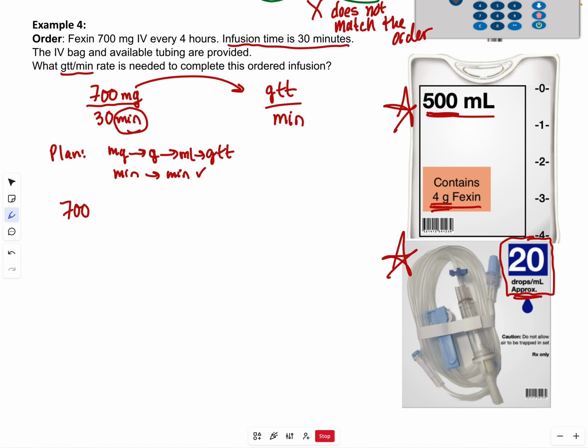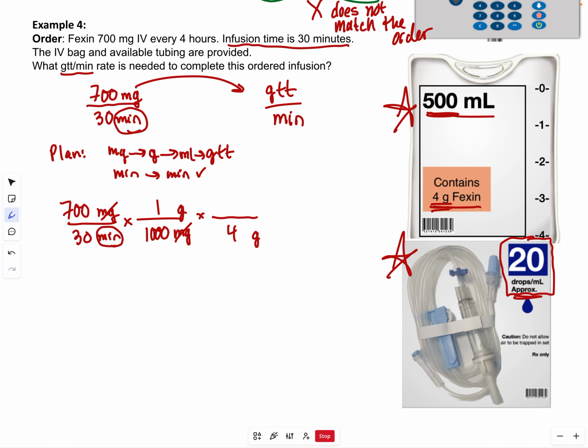So we're starting with 700 milligrams over 30 minutes. And now I'm following through with exactly what I said I was going to do. I already have minutes, so I'm going to circle that. I want to turn those milligrams into grams. 1 gram is 1,000 milligrams. I now want to turn those grams into milliliters.